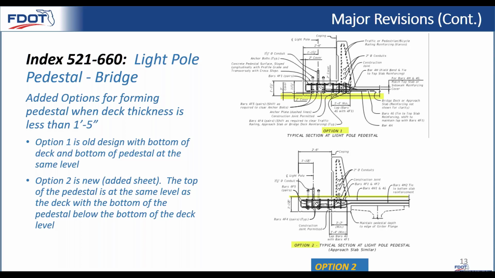So the new option 2 maintains the top level of the concrete as a single pour instead of being raised up, and the bottom elevation is dropped. This will make slip forming the traffic railing possible, but it might be difficult to form. This detail is intended as a contractor option unless, in a very rare case, the elevation of the cantilever section is critical.